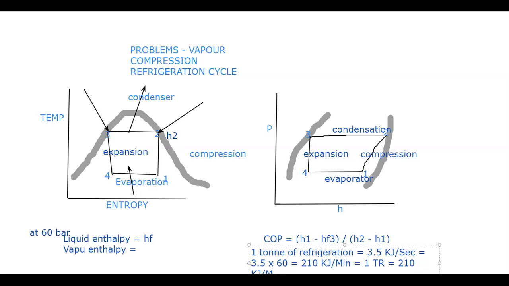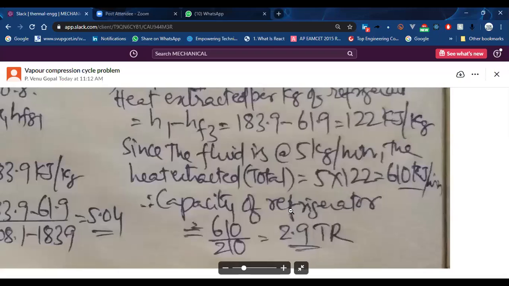Using this relation, we can go back to the problem and understand how many tons of refrigeration our evaporator is creating. Here we have calculated the heat extracted: 610 kilojoules per minute.